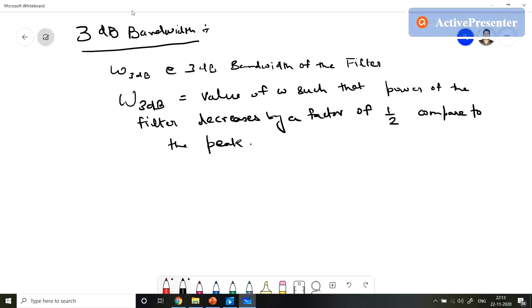If the power is decreasing by 1/2, then since power is amplitude squared, the amplitude will reduce by a factor of 1/√2.